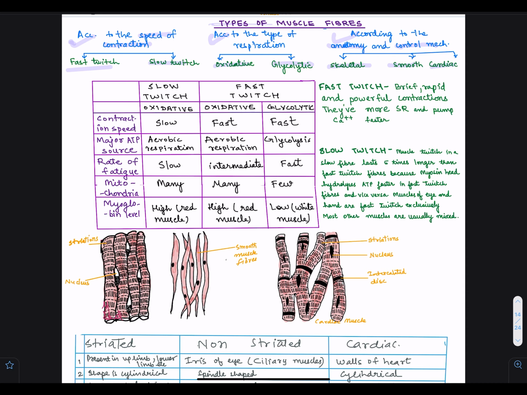So, first of all, we see what are fast twitch fibers. Fast twitch fibers have brief, rapid and powerful contractions. They have more sarcoplasmic reticulum and pump calcium faster. The opposite is true for the slow twitch fibers.